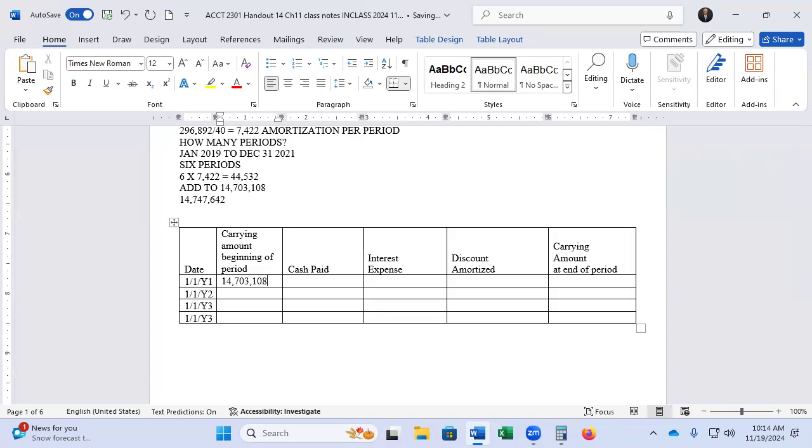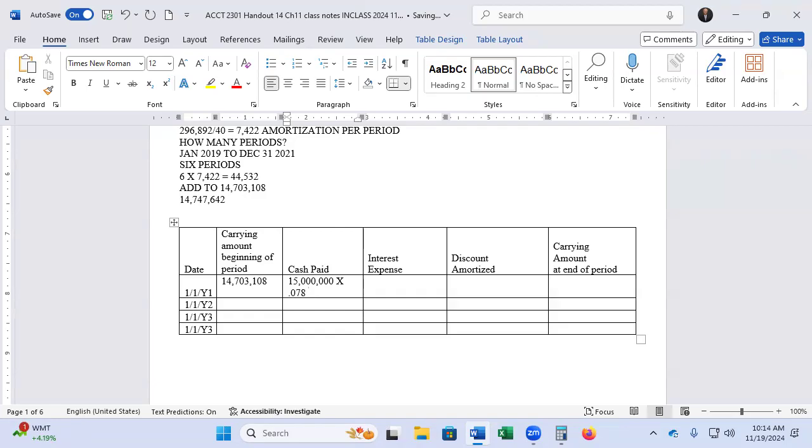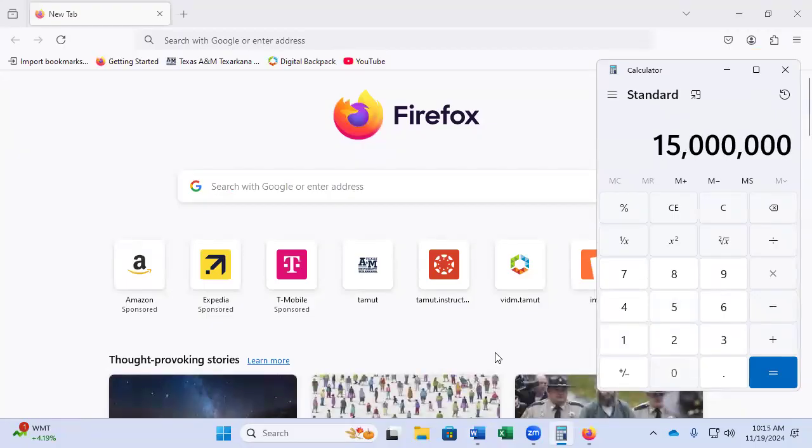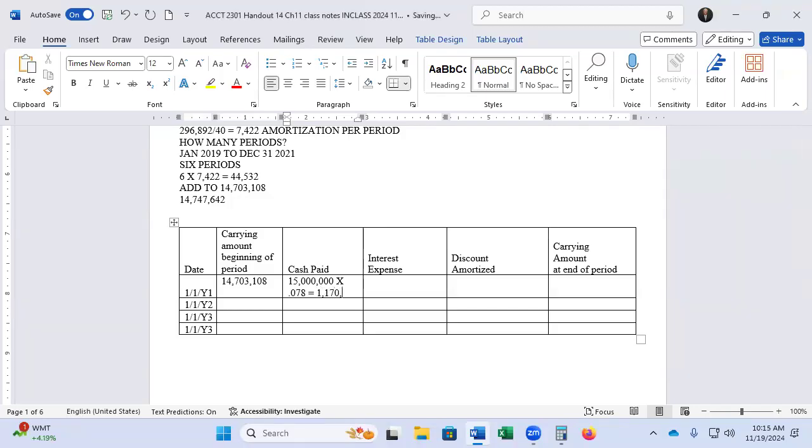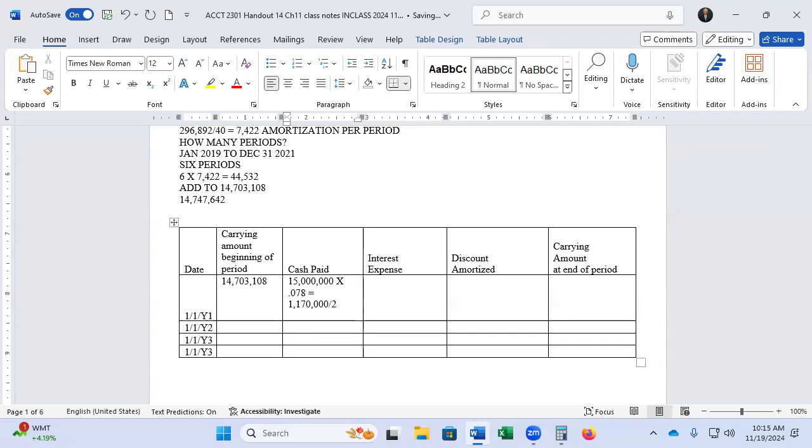Okay, so our cash paid amount, 15 million times 0.078 equals 1,170,000. And we're going to divide that by 2 because there's 2 payments. And so we get 585,000.